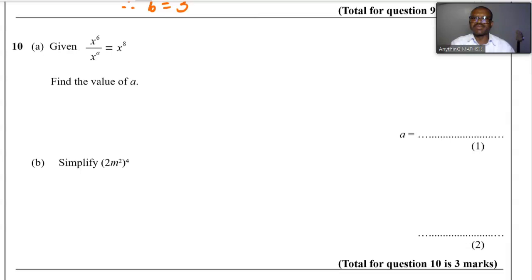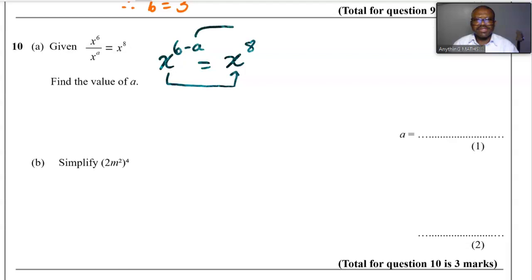Number 10. What you are going to do, look at the left hand side. We have x raised to the power 6 divided by x raised to the power a. So we can write it as x raised to the power 6 minus a according to the second law. And we can say it is the same as x raised to the power 8 because that's what you've been given. They all have the same base, so the powers should also be equal to each other.